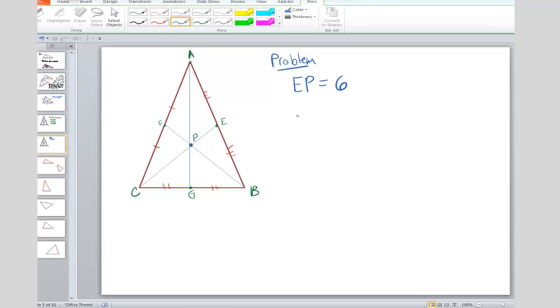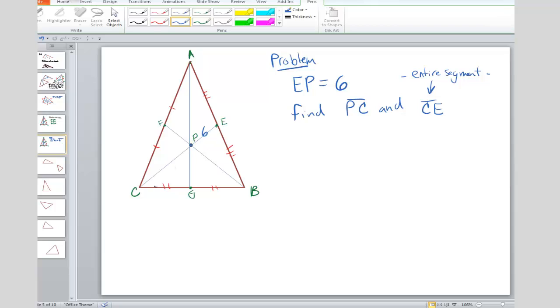Suppose we wanted to find PC and CE, which is the entire segment. So this is the entire segment. Well, this value, let me go ahead and write it in, is 6. So we have to figure out this value.